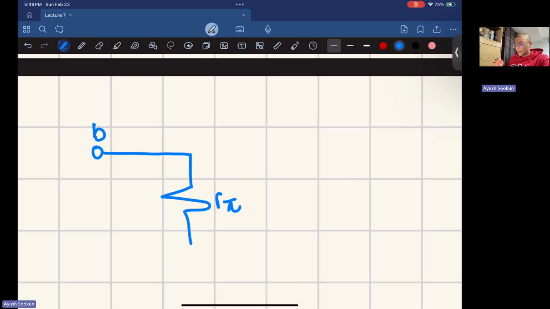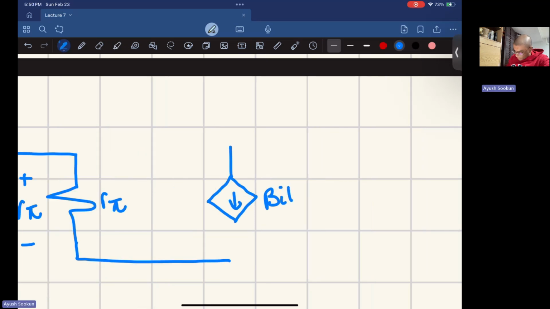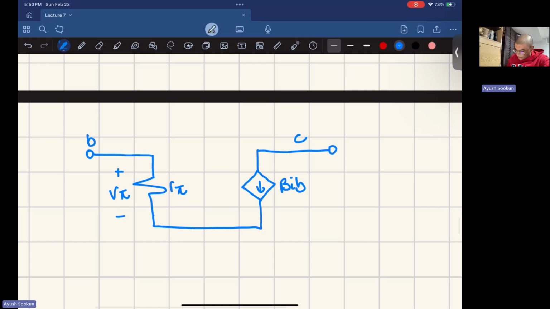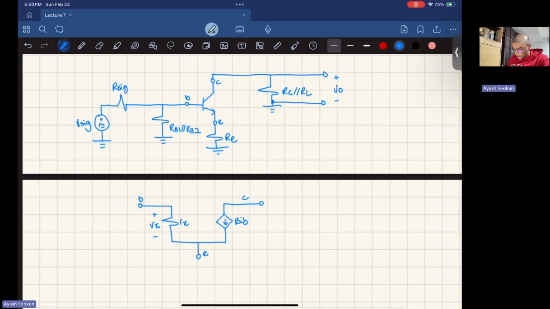There are equations you can use to compute those values, and you will see them in further videos. This is V pi, and here I have my current dependent current source, beta times I collector emitter.